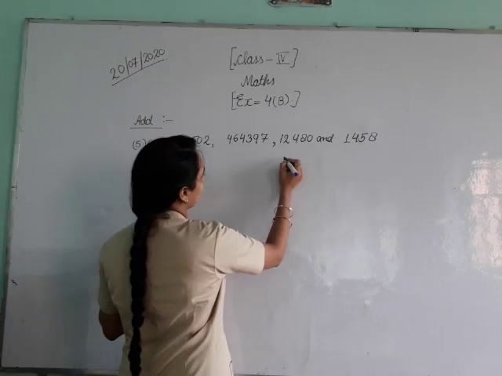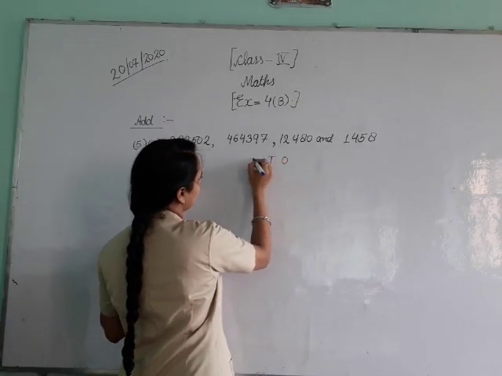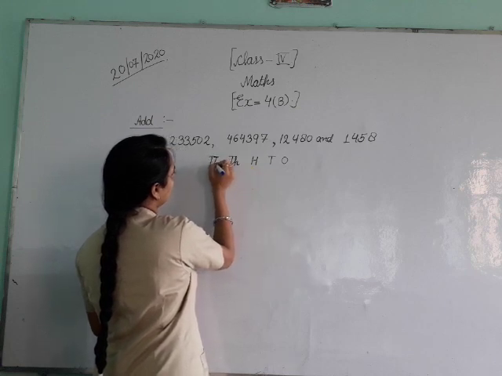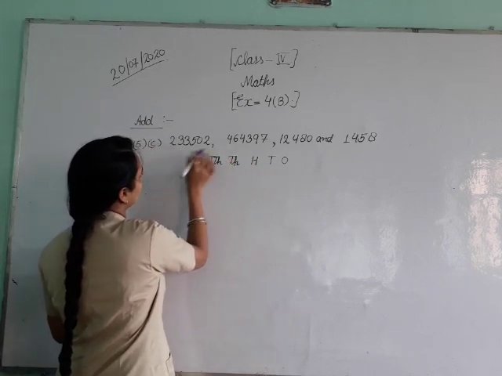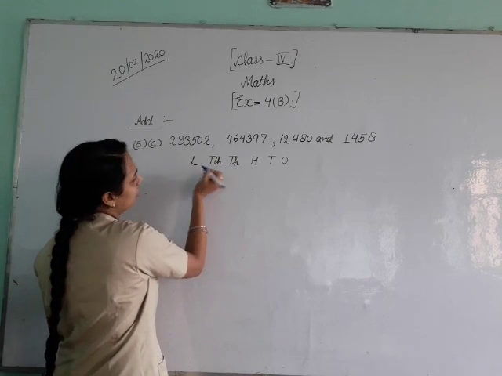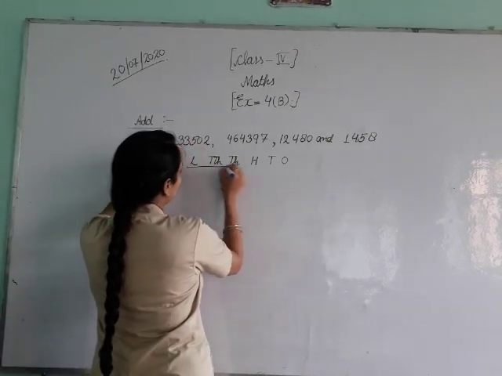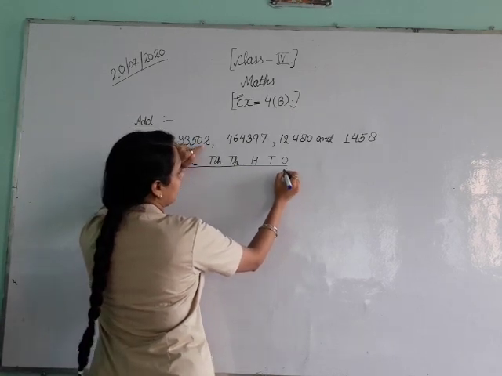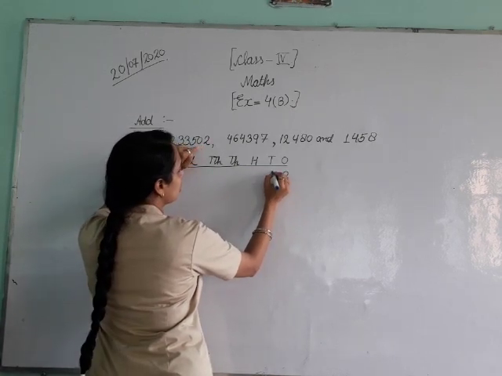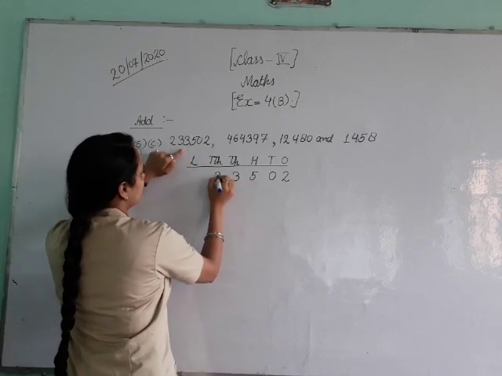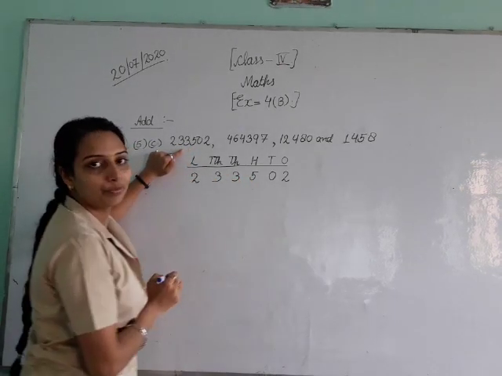So first of all, write here ones, tens, hundreds, thousands, ten thousands, lakh. No need to have the 10. Okay. So see, start putting from the right hand side. 2, 0, 5, 3, 3 and 2. Okay.